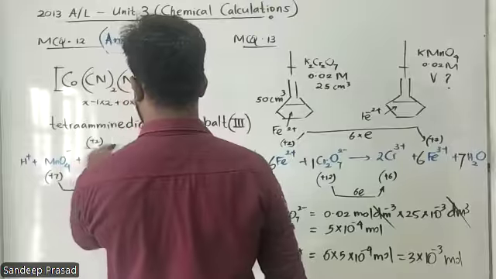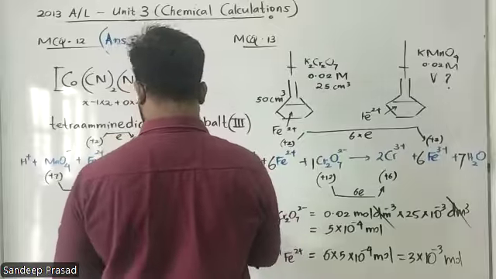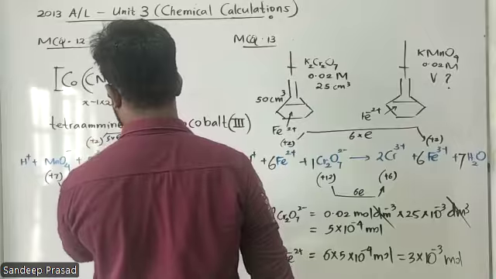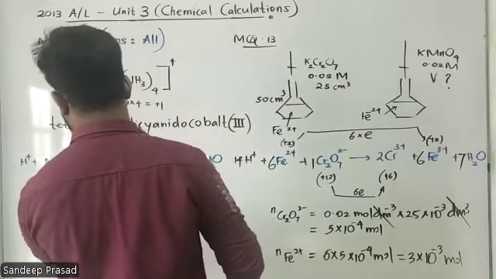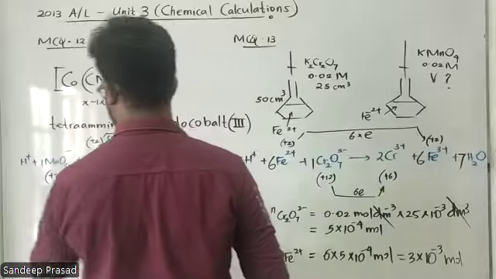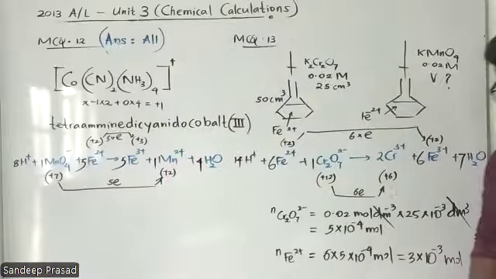Here plus 2 to plus 3, increment is 1. Then we can equalize them. I can multiply this one by 5. 8H+. Okay.